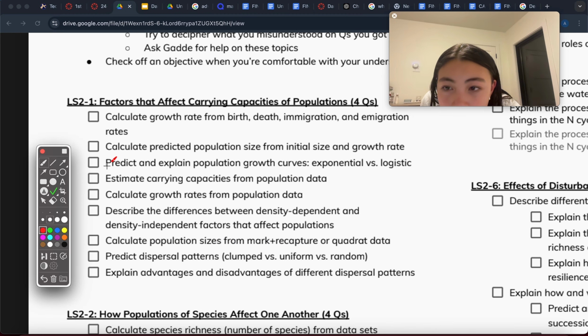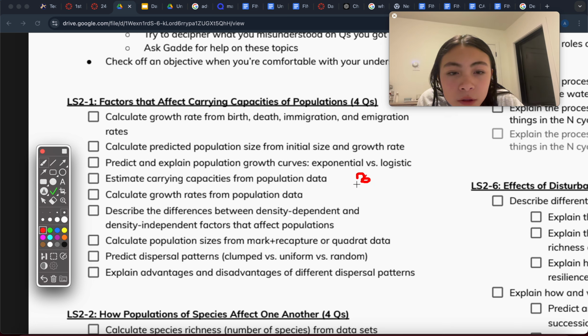Okay, so mark and recapture is, let's say you marked three bears. You went out into a forest and you found 3 bears and you marked them.